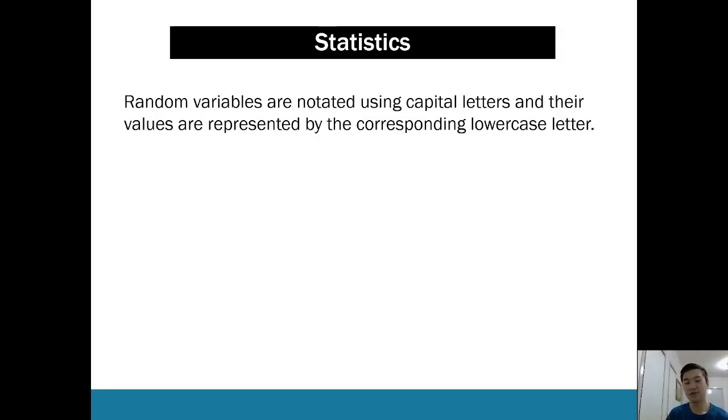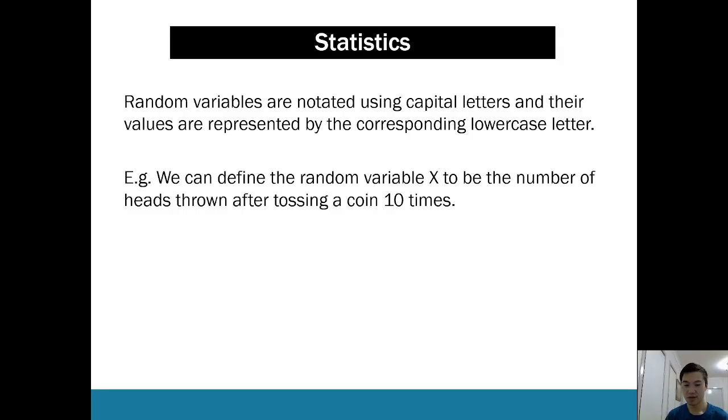Remember that random variables are notated using capital letters and their values are represented by the corresponding lowercase letter. For example, you might use the capital letter X to be the random variable defined as the number of heads you receive after you toss a coin 10 times.